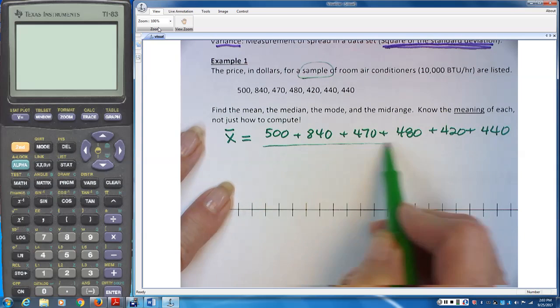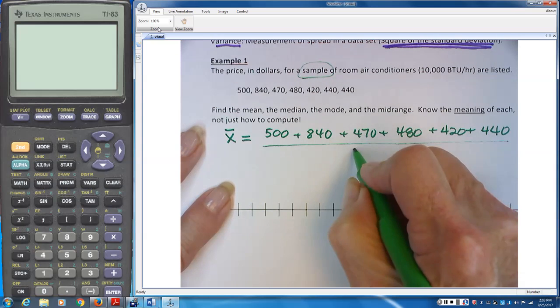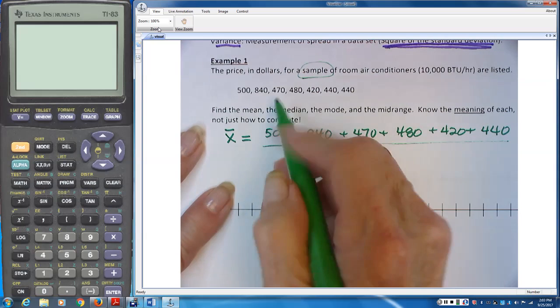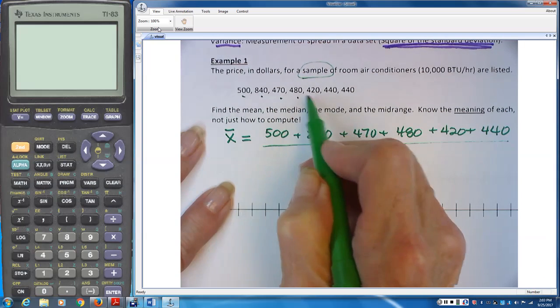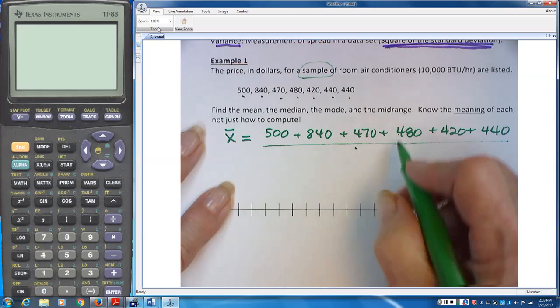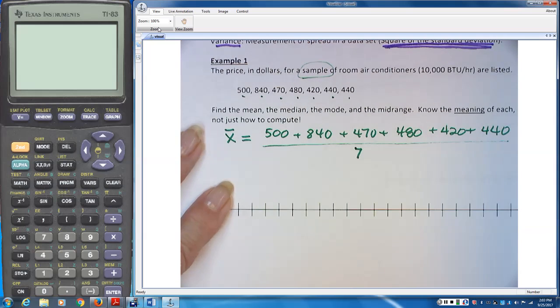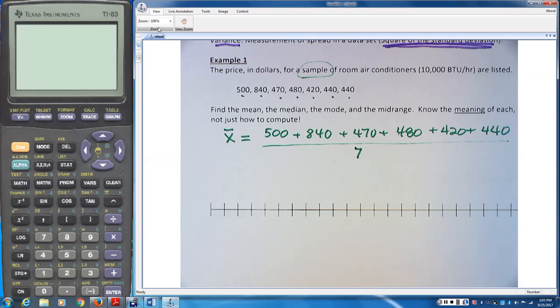So there's the sum of the data values divided by 1, 2, 3, 4, 5, 6, 7. So there's 7 air conditioners. Now, don't calculate that yet, just write down that that's what it is. I'm not expecting you to do the arithmetic.